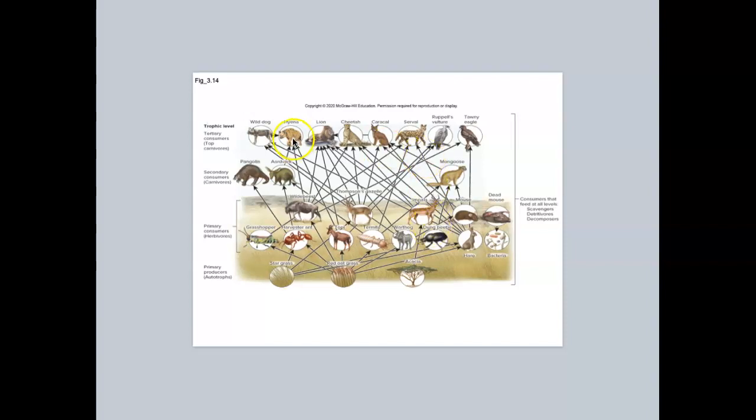And at the top of the web, you see that we have top carnivores, organisms like lions and cheetahs, where they have really no predators preying on them, so they are known as top carnivores. So you'll notice we go from the producers, the autotrophs, to the different kinds of heterotrophs, starting with primary consumers, secondary consumers, and tertiary consumers.